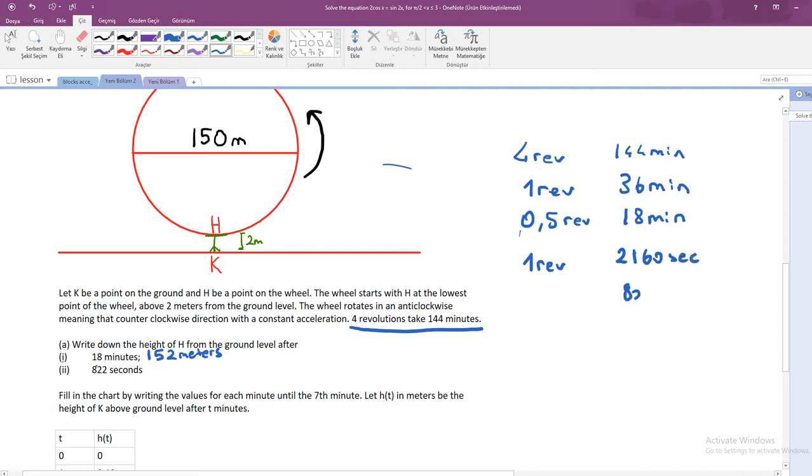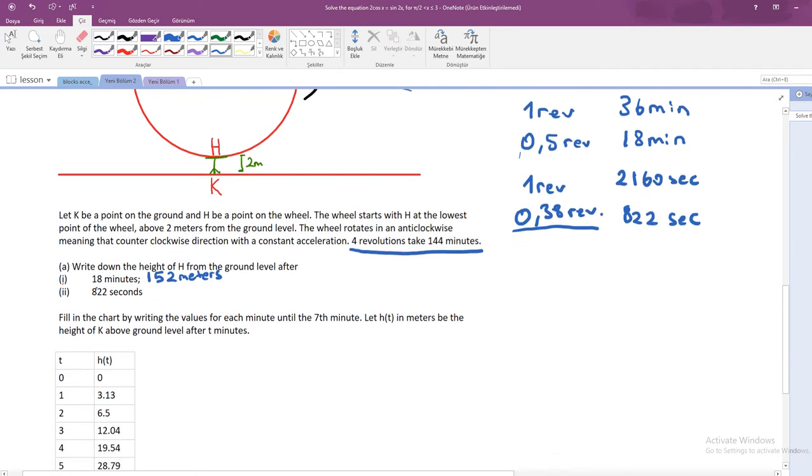And 822 seconds, what will it be? 822 divided by 2160 is 0.38 revolution. So as you can see, it is pretty difficult for us to calculate the height if we get a value like this. So what do we have to do? It's not that difficult. We have to think.